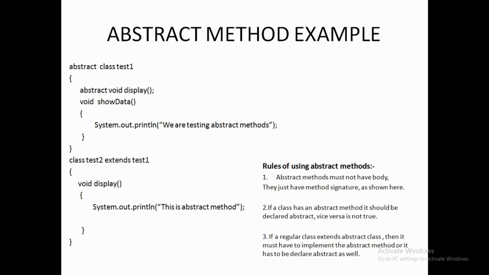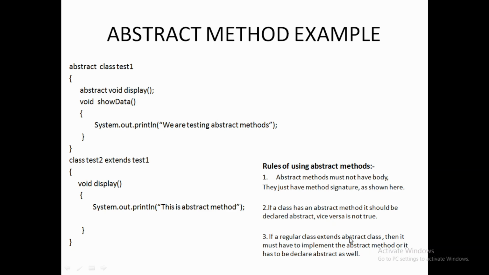And if we don't want to implement the abstract method inside the derived class, that means if we don't want to write the function body inside test2 for the display method, we have to declare the test2 class also as an abstract class. That makes the third point.